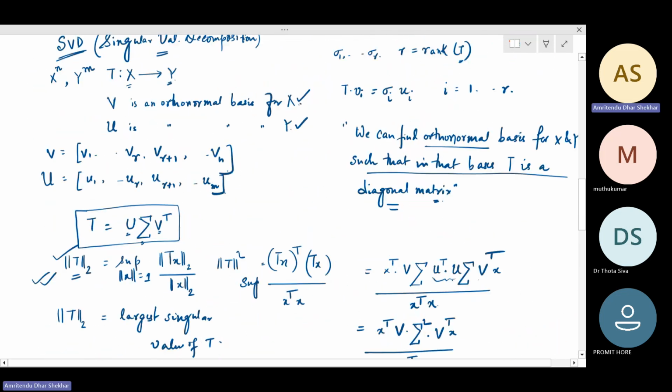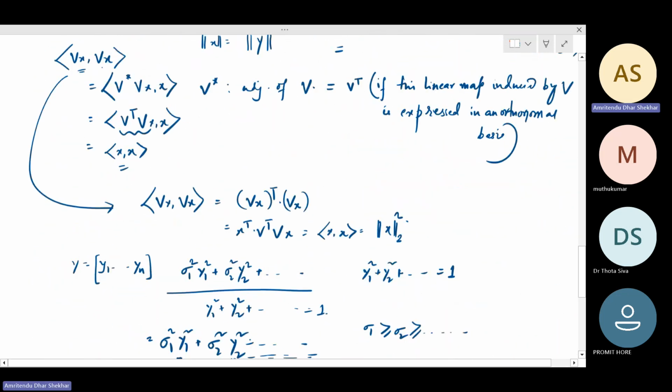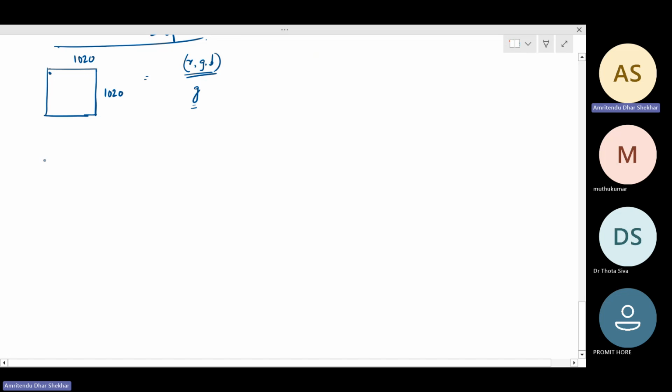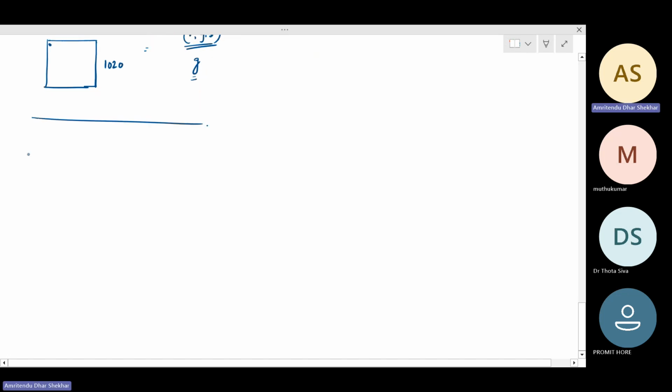Before going any further, let's quickly see the proof of SVD. SVD tells you that you can take any matrix A, let's say A is some M cross N matrix.